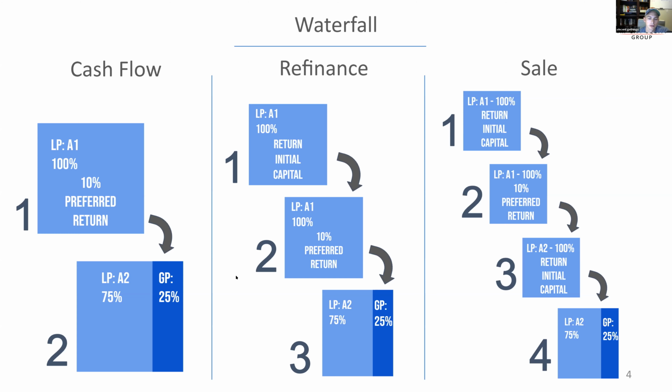We're in that deal together, so we're both sharing that equity basis. So the A2s would get their prorated 75% at the refi. Say they have 75 grand and there's a 25 and we got 100 grand back, their basis was 75%, they would get 75 grand back and they would still have a 25% basis in the deal.